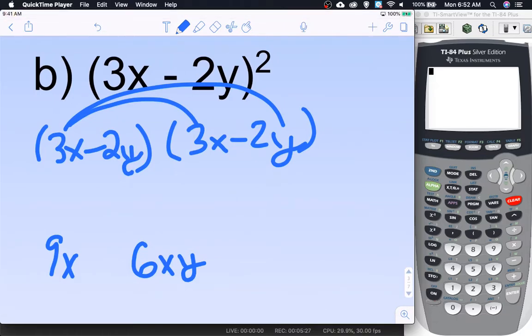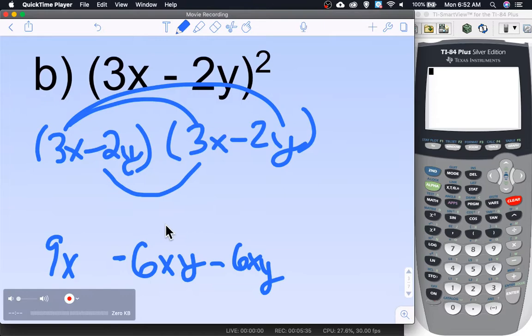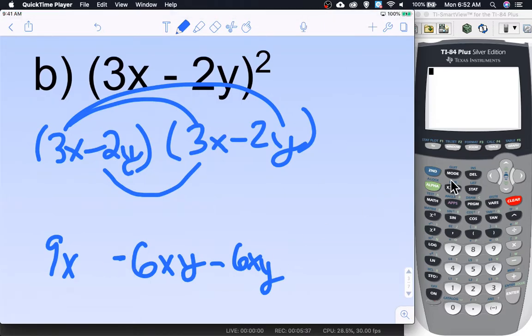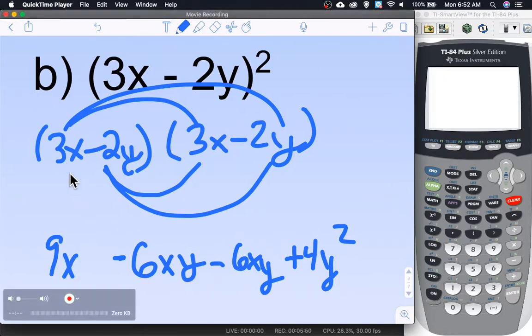Now when I multiply by the negative 2y, I'm going to get a negative 6xy. Well, this also should have been negative, I missed my sign. And a positive 4y squared. I think I forgot the squared on my 9x. This should be 9x squared as well.